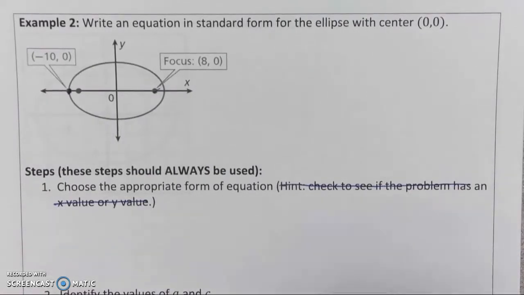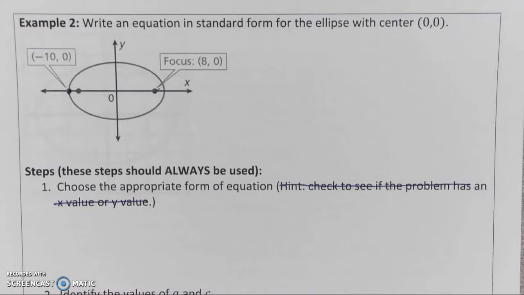But let's say you didn't know that. Let's say you just knew that the focus was 8, 0 and you weren't sure about negative 10, 0. You could go back to page 6 in your notes, and look at your standard form of the ellipse, that chart on page 6.